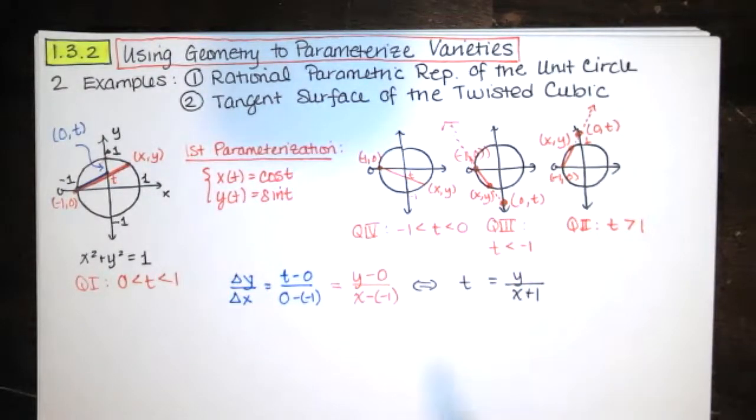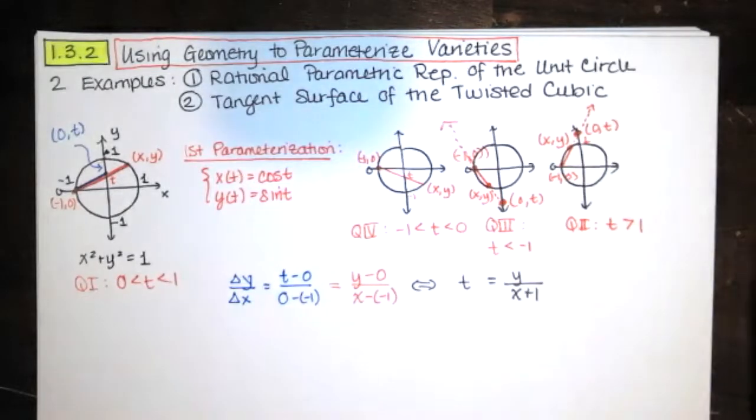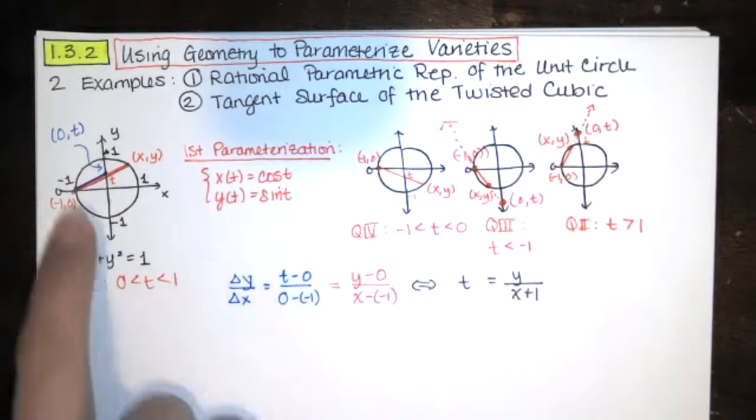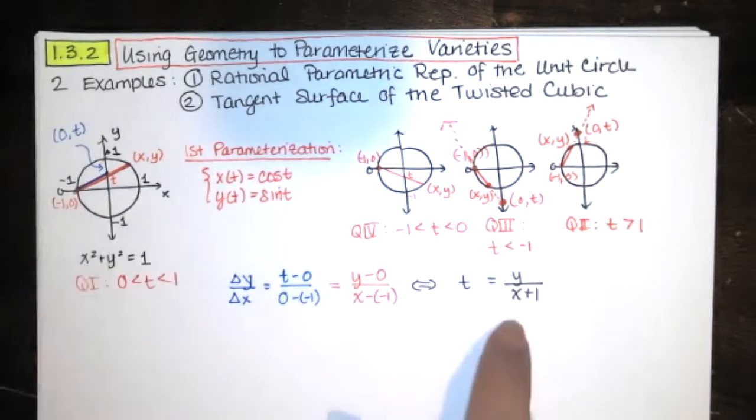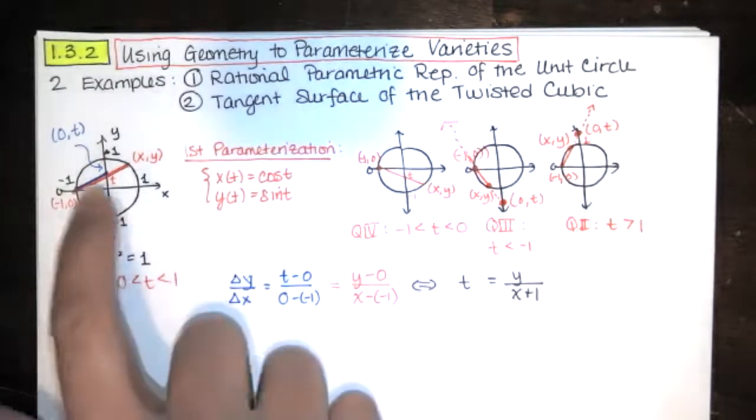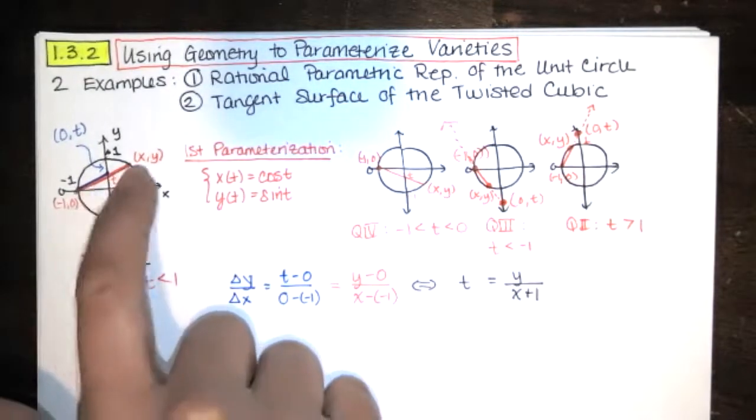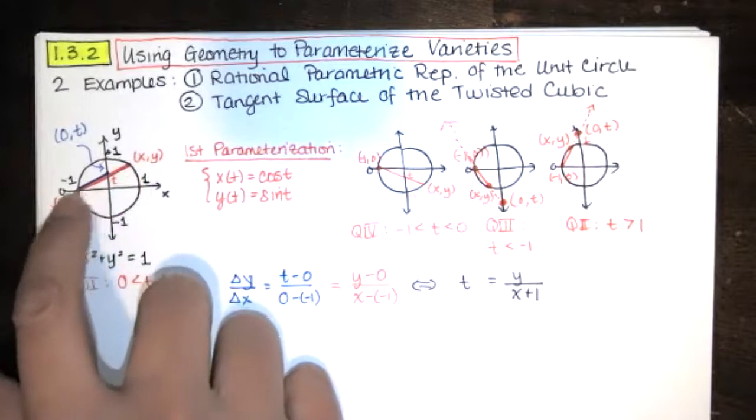So t can take on almost any value, but x has to range between -1 and 1, not including -1, because we can't substitute -1 down here. And that actually makes sense because we need 2 points on that line segment, not just a single point.